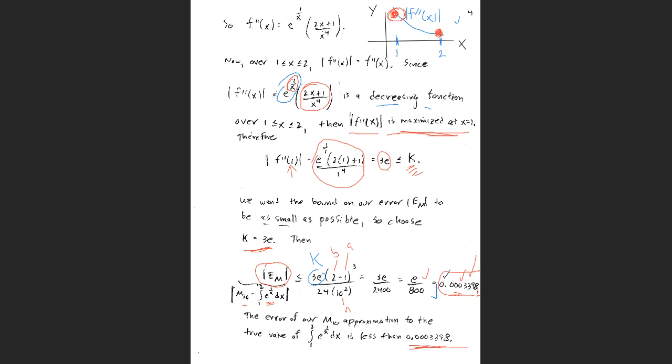I mean, the error might be much smaller than 0.0003398, but we have to at least allow that the error could be that large. And if you're doing very crucial computations where you have to be exact, maybe the midpoint rule with 10 subintervals isn't enough.